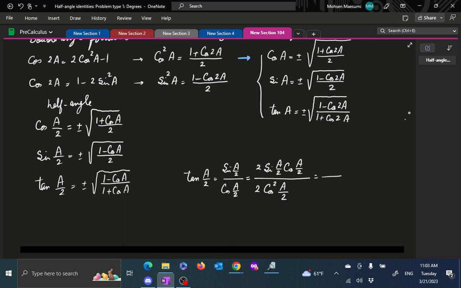What is the numerator? 2 sine a cosine a, that is the double angle formula that gives us sine of a. Now cosine squared times 2 is going to give 1 plus cosine, so I will have 1 plus cosine of a. If you rearrange this formula, 2 cosine square of a is 1 plus cosine of 2a. So 2 cosine square of a over 2 is going to be 1 plus cosine of a.